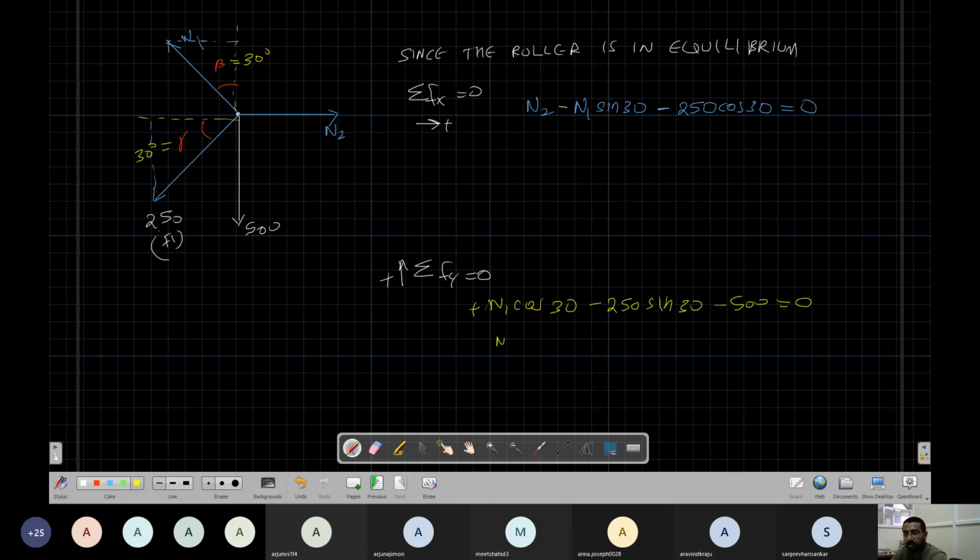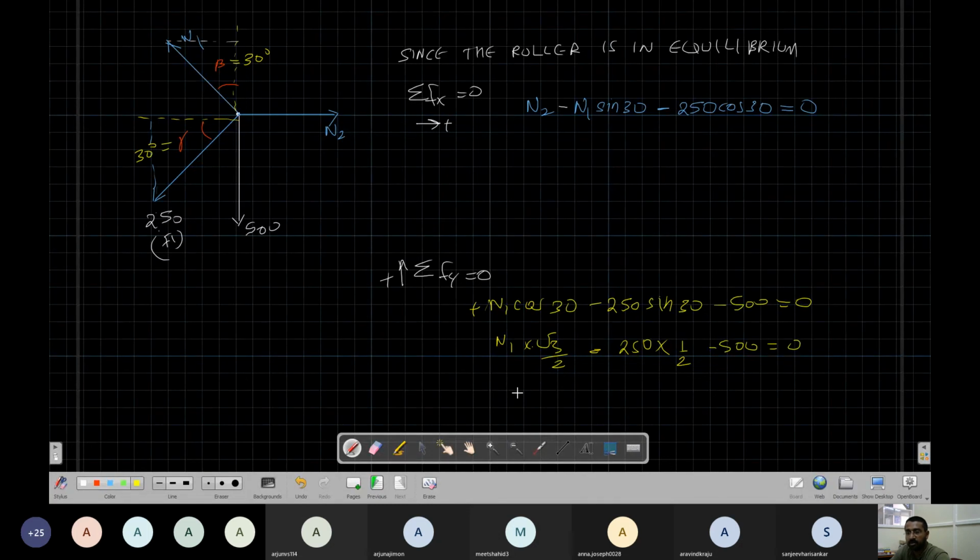So this if you solve, N1 cos 30. So what is the value of cos 30? Cos 30, sin 30 value, substitute half and root 3 by 2. Okay, this is root 3 by 2. Minus 250 into half. Minus 500 equal to 0.